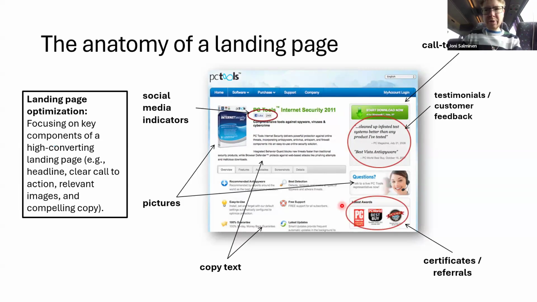So we cannot say conversion optimization is good or bad in terms of ethics, but it's the purpose that determines that, right? So if you are using it to sell people something that's harmful to them, that will be unethical.